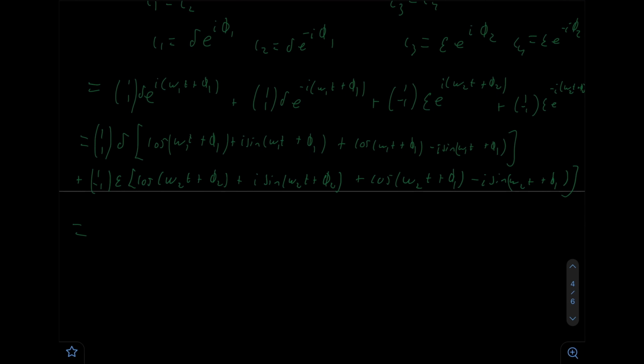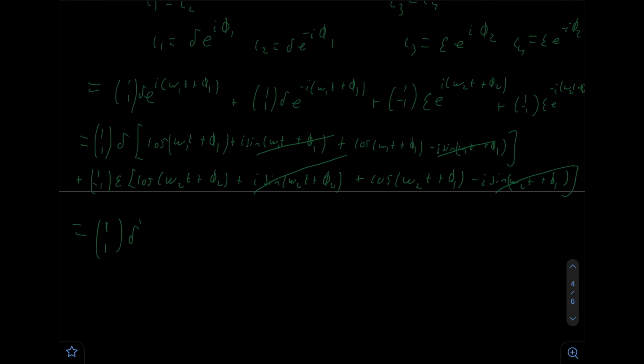Okay, so this and that cancel, this and that cancel. So we'll get 1, 1 delta times 2, which we can just bring inside the delta.